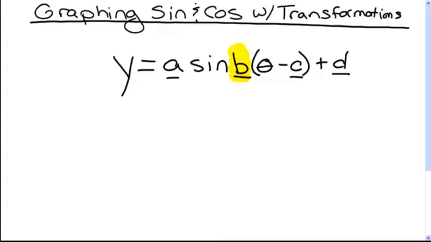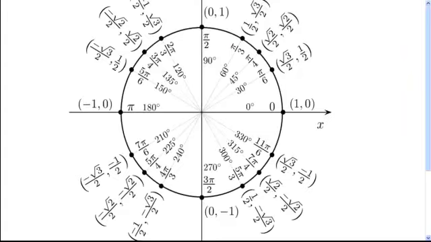Before we start with sine and cosine, it's important that you realize which graph starts where. The coordinate point 1, 0 is really that key leading point. So when I look at my coordinate point, the first one here, the x value is the cosine value. So when I'm looking at 0 radians, my cosine is up at 1.